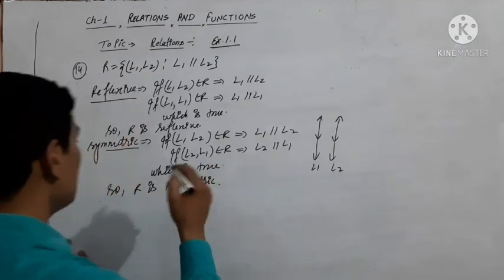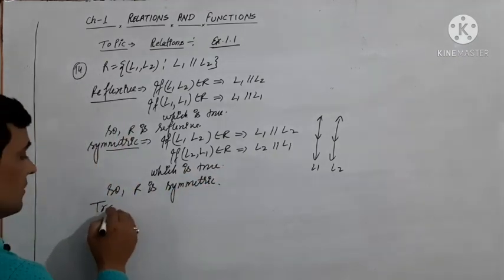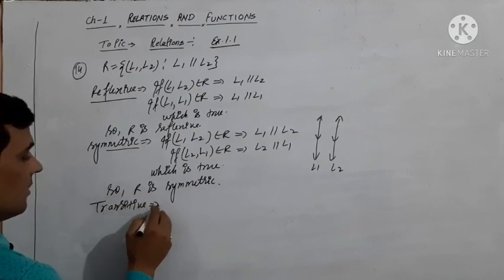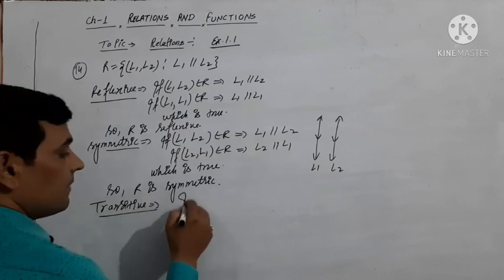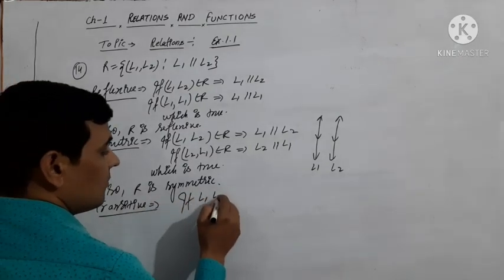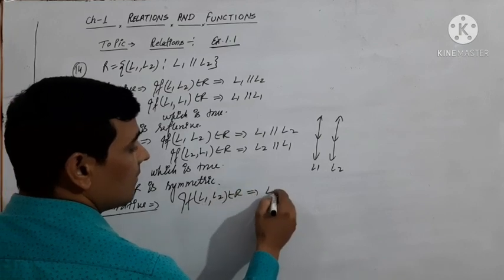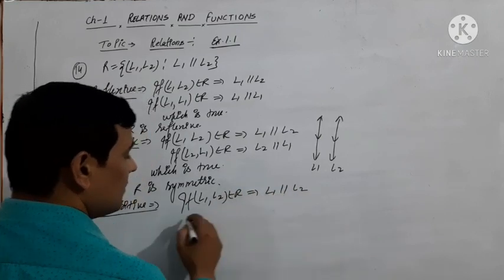ठीक है. Now come to the transitive relation. If L1, L2 belongs to R, then L1 is parallel to L2.